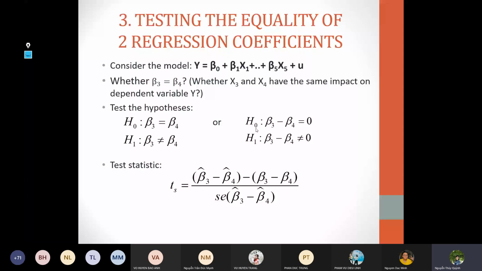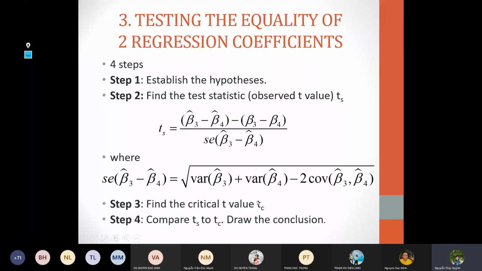This hypothesis is equivalent to this one. We have H0 is that beta 3 minus beta 4 is equal to 0, and H1 is that it is not equal to 0. All right, so for the test statistic, we take the observed value minus the suspect value and divide by the standard error of the estimators.